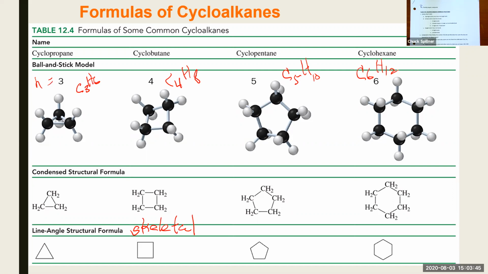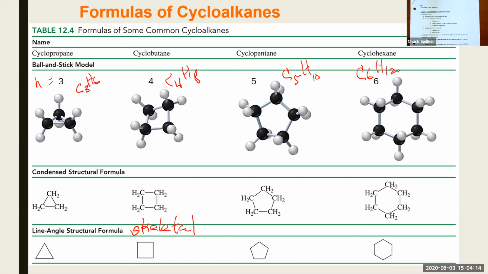And I don't have to count the hydrogens because I know these are cycloalkanes and the generic formula is CnH2n. Okay, I'm not sure if you can remember those things. So these formulas are good to write down in your notes.